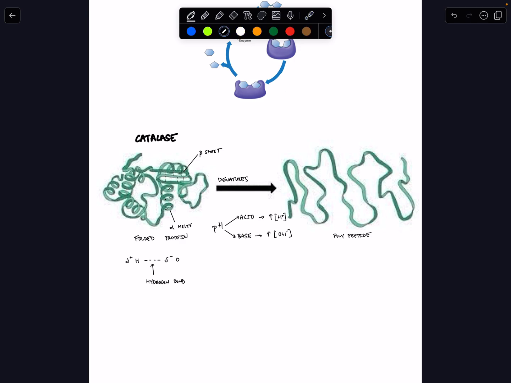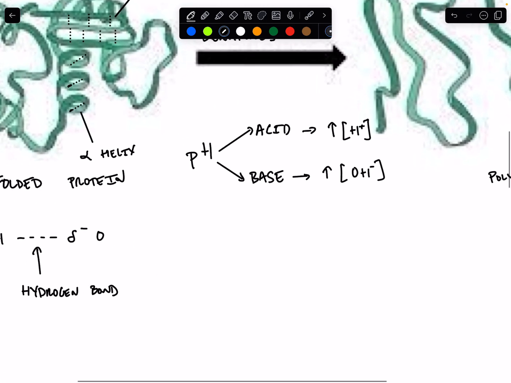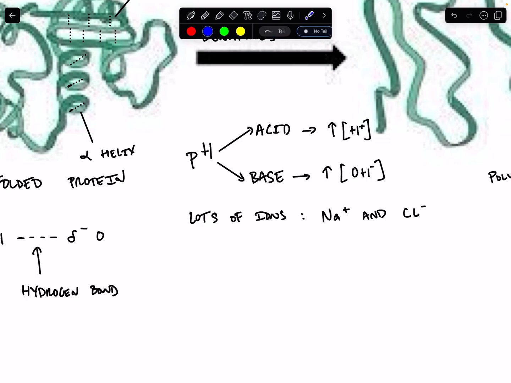Another thing that could disrupt hydrogen bonding is adding lots of ions. So, for example, if we had a really salty solution, we would have a bunch of sodium and chloride ions in solution.